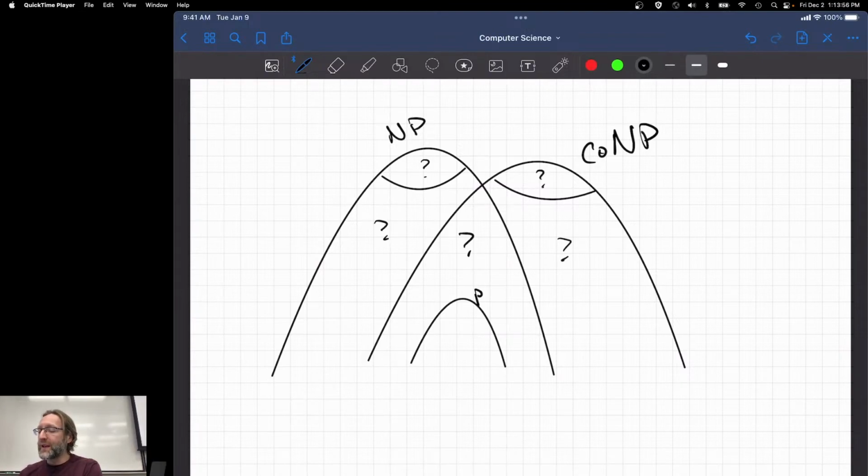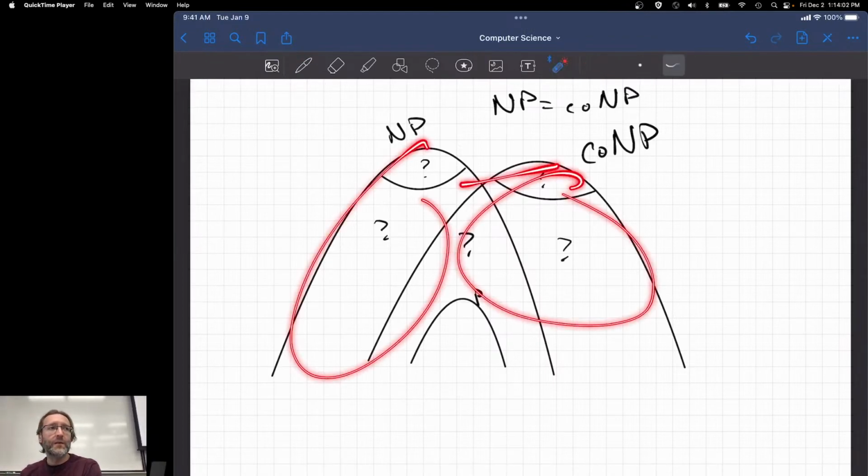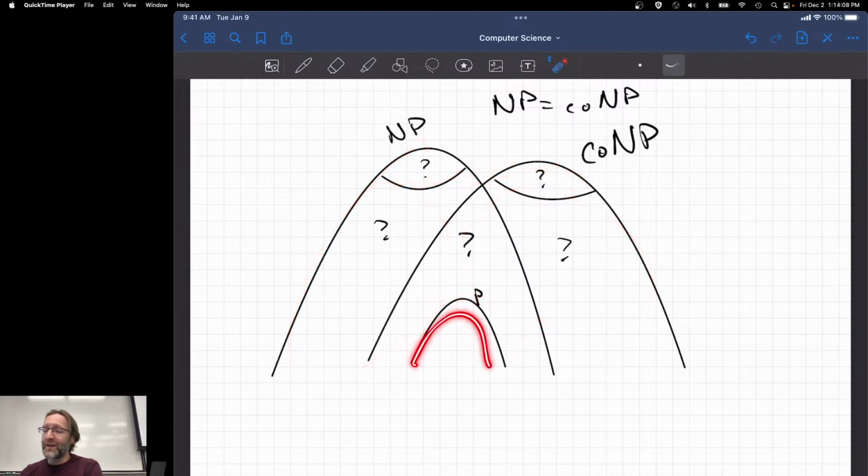Or is it the case that NP is equal to co-NP, in which case all of this stuff collapses to each other? Now, that still doesn't answer the P versus NP question, right? But it's another question entirely, right? Yeah.